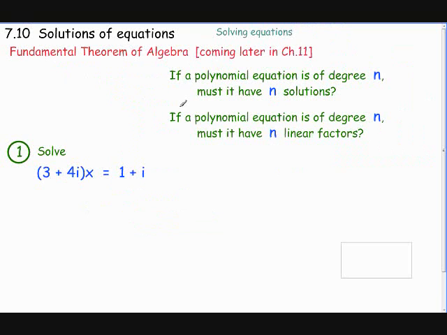We're going to talk about the fundamental theorem of algebra later on. We'll get that in chapter 11, so that's coming up in the future. This is basically what it says, that the degree of a polynomial equation, so if I had, well, let's go backwards here a moment.